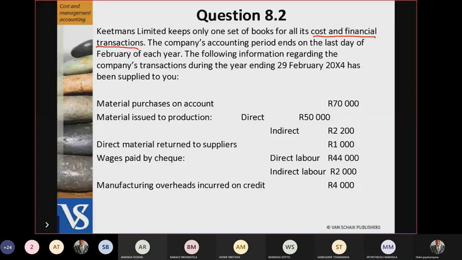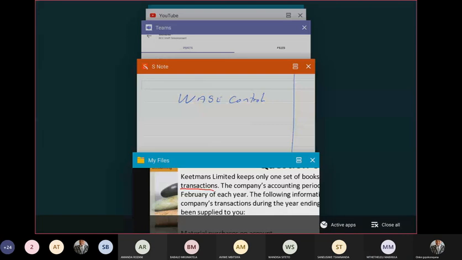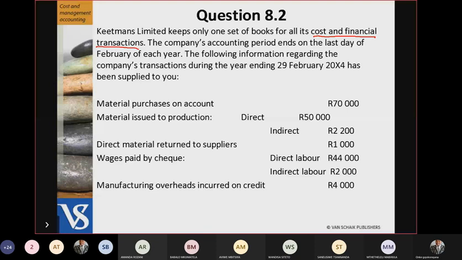All right, then we've got this transaction, guys. Sorry, I've skipped that. I thought that we've dealt with the material. Direct material return to suppliers of 1,000. So this is a return back to the supplier. So it's going to reduce the material that we have in our material control account.